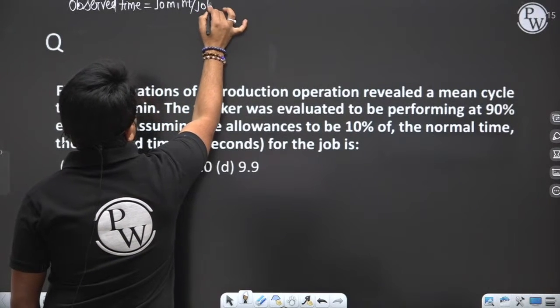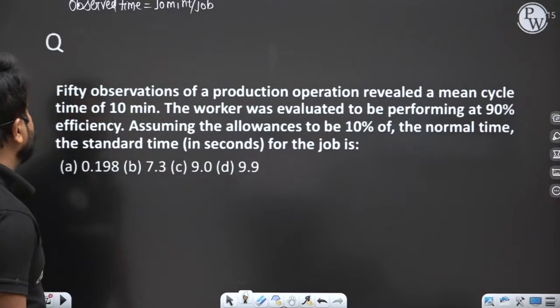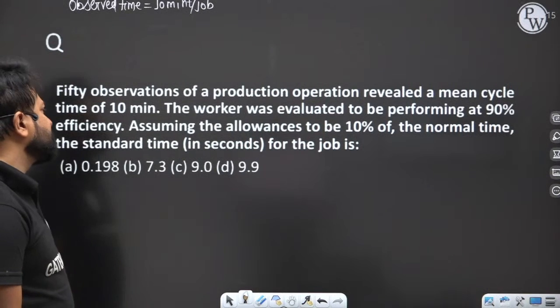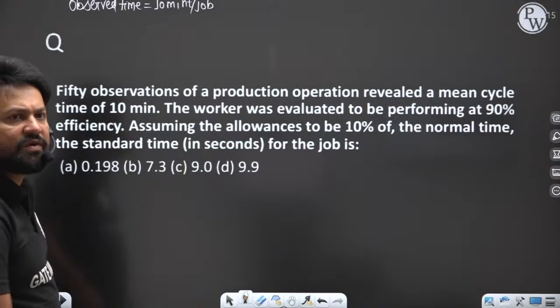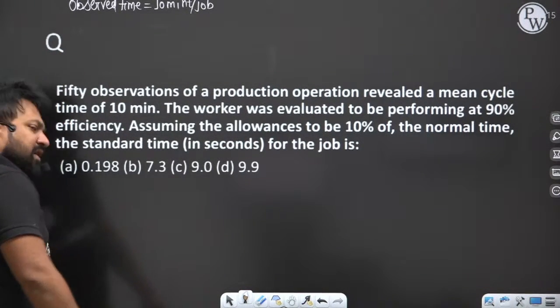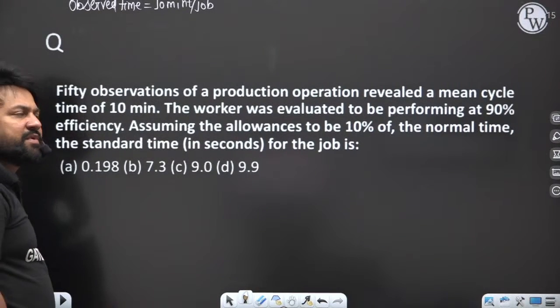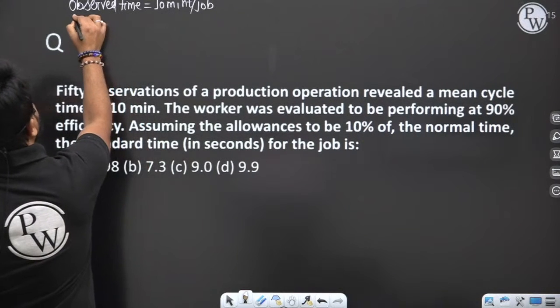The worker was evaluated to be performing at 90% efficiency. The worker has an efficiency of 90%. So what will be the normal time?